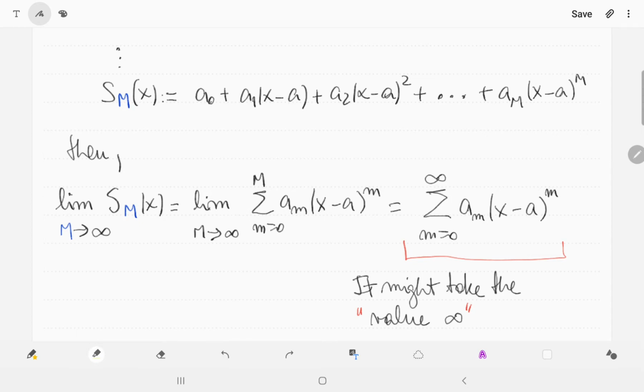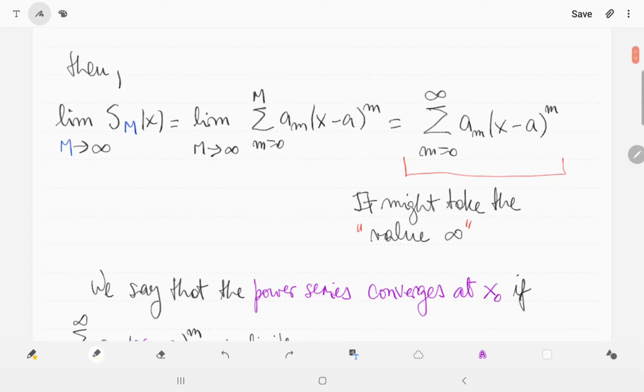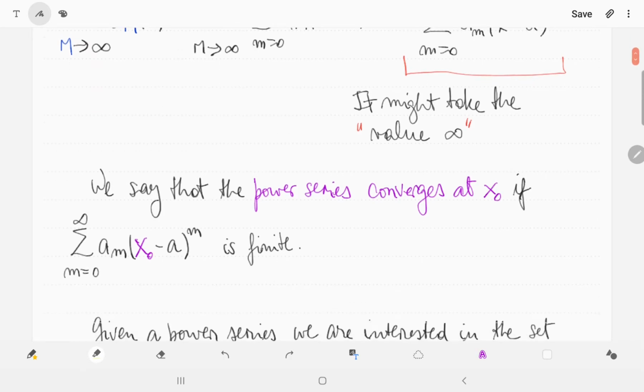Okay, since this is a limit, this limit can take any value. Well, maybe not any, but at some point, maybe for some coefficients and some x and some center a, this expression can take the value infinity. So we would like to detect for which points x this expression is finite. That would be our first goal.